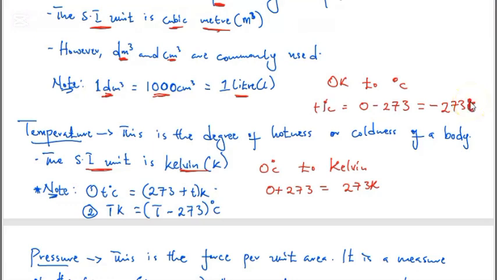So from Kelvin to degrees Celsius, 0 Kelvin is equal to minus 273 degrees Celsius. So take note of this conversion. It is very important. From degrees Celsius to Kelvin, you add 273. While from Kelvin to degrees Celsius, you subtract.